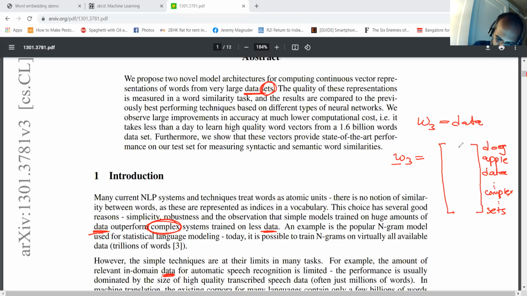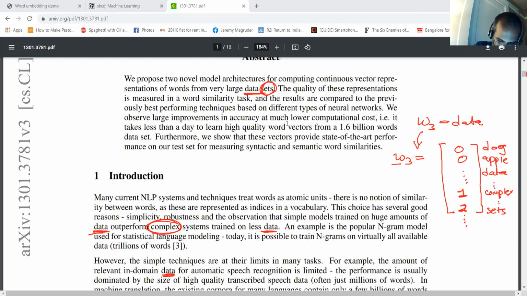So the word data and dog and apple probably don't appear together. I don't know if we're going to count it if it appears for itself, but it appeared, let's say, once with the word complex. I think if you go through this page, it appears twice with the word sets, et cetera, et cetera. Okay. So I've turned a word into a vector just by counting co-occurrence frequencies with other words.